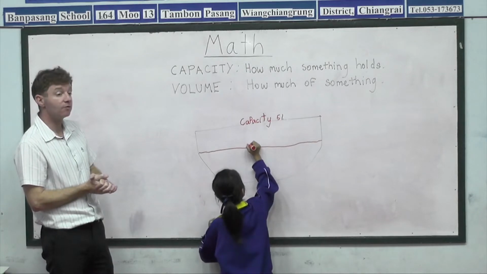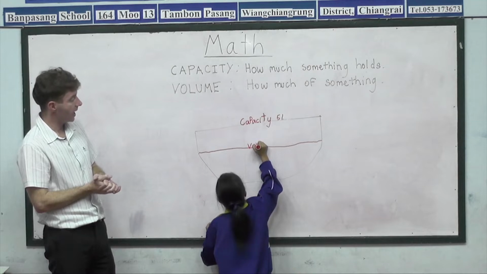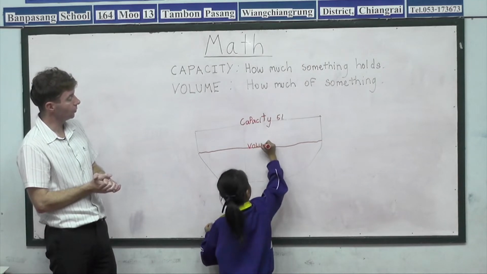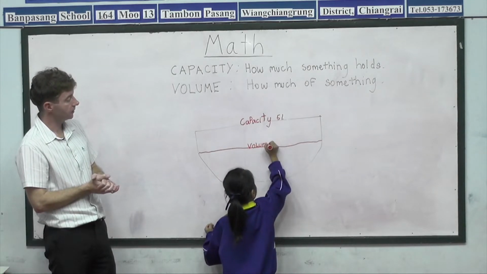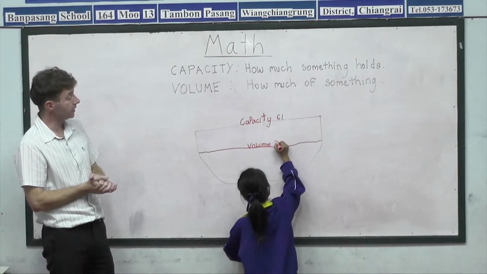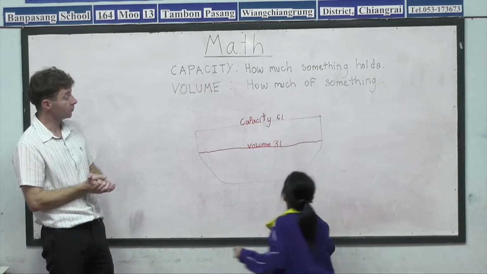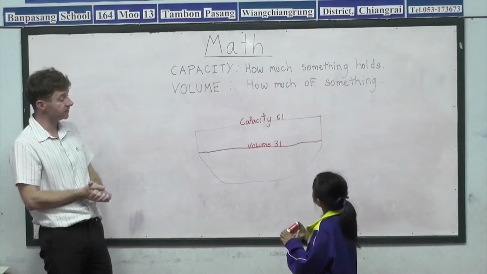So how do we write volume again, guys? V-O-L-U-M-E. And what's the volume? 3 L. 3 liters. So Prel, can you tell us the capacity, please?